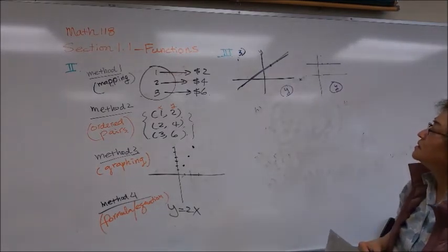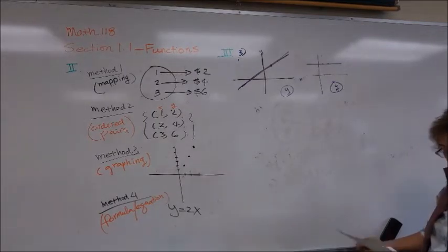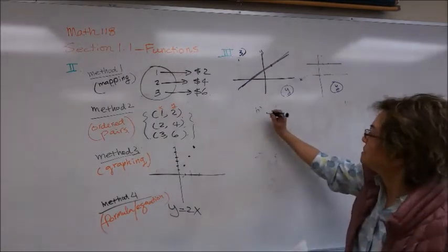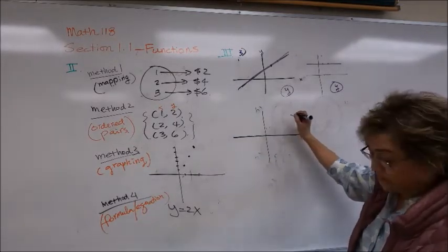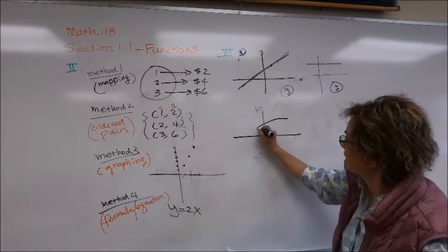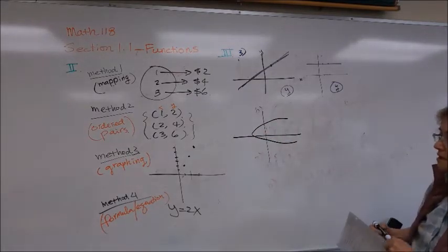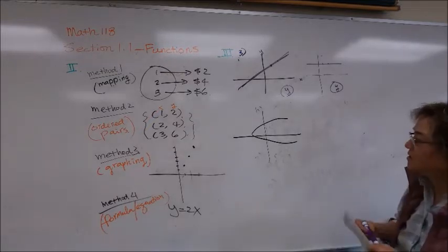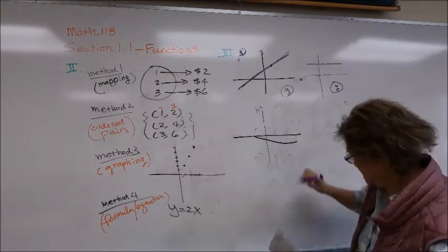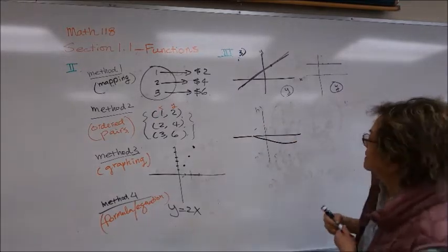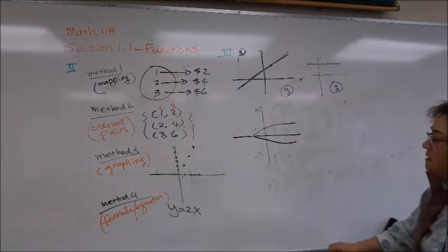Then you wonder, what kind of things are not functions? If you take a look at this graph, if you have a shape like this, we call it a sideways parabola. Let's look at the parabola look-alike.